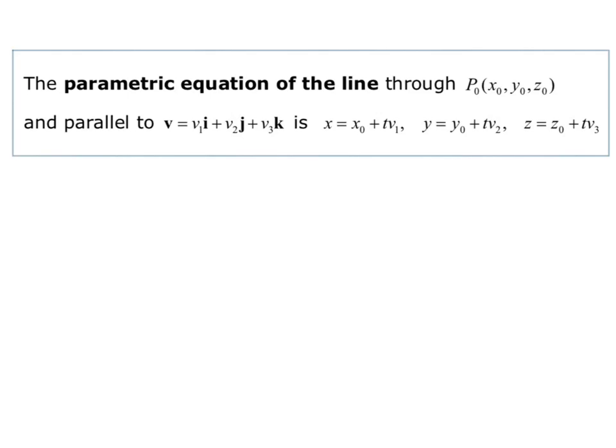The parametric equation of the line through the point P0, defined as x0, y0, z0, and parallel to vector v equal to v1i plus v2j plus v3k is x equals x0 plus tv1, y equals y0 plus tv2, and z equals z0 plus tv3. So that set of three equations, x equals, y equals, z equals, is our parametric equation of the line.